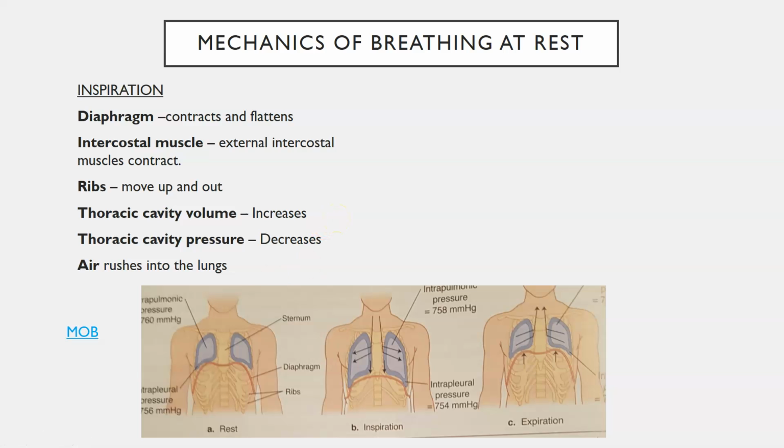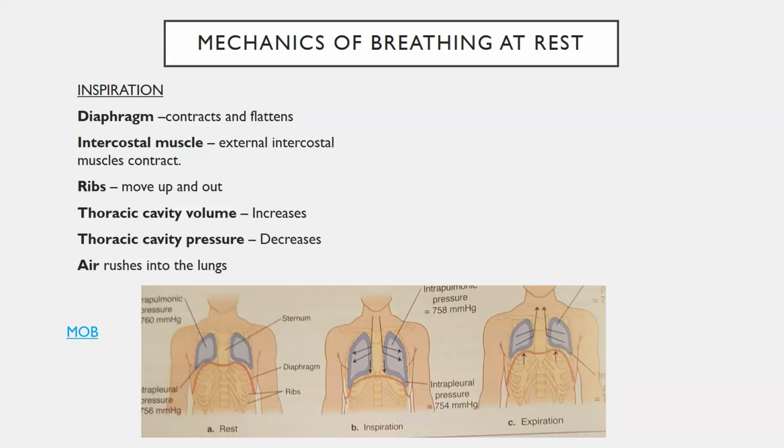Okay, so with expiration now, it's the opposite. If we look at expiration, breathing out, the diaphragm just relaxes and moves back up, as you can see in this diagram. The external intercostal muscles just relax.